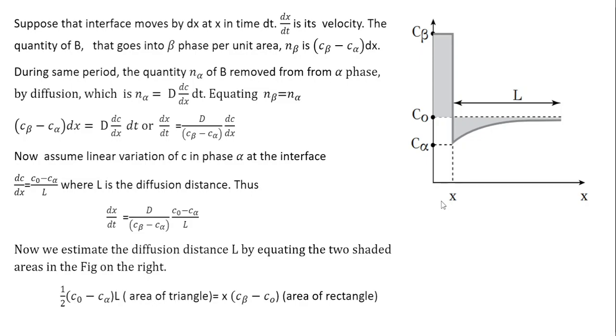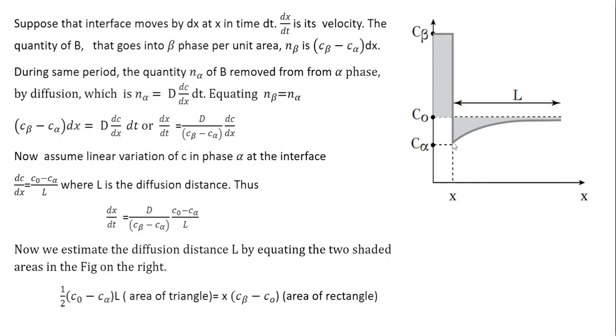The current position of the interface is x, so it has moved from 0 to x, and the total solute content is x multiplied by (C beta minus C0), which is the area of the rectangle.